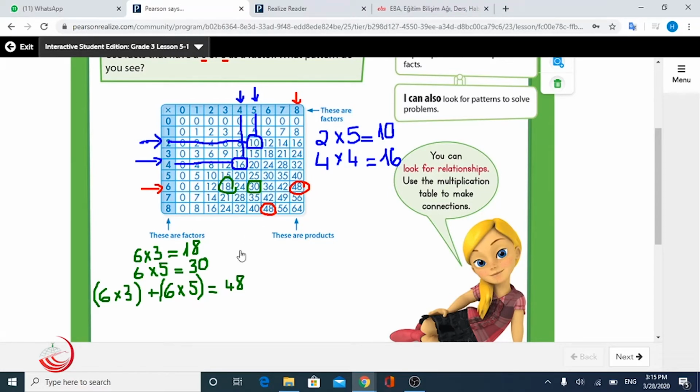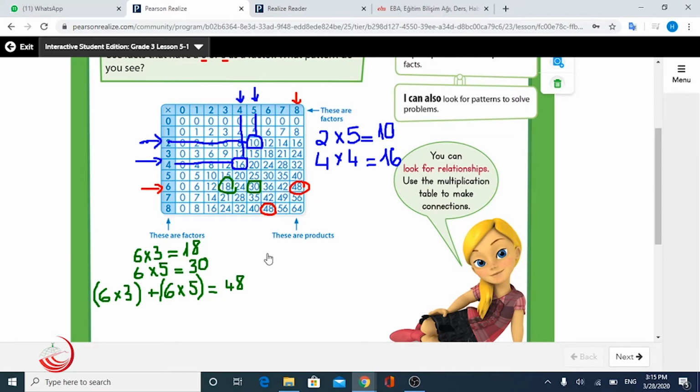And this is the same case if I add 6 to 42. I will get 48 too, but the factors will be different. I'm using 6 times 1 plus 6 times 7. These together will give me 48.